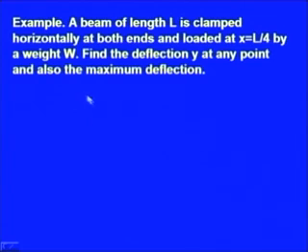Let us now study an example of a beam of length L which is clamped horizontally at both its ends and loaded at x equal to L by 4 by a weight capital W. We have to find the deflection y at any point and also the maximum deflection in the beam.